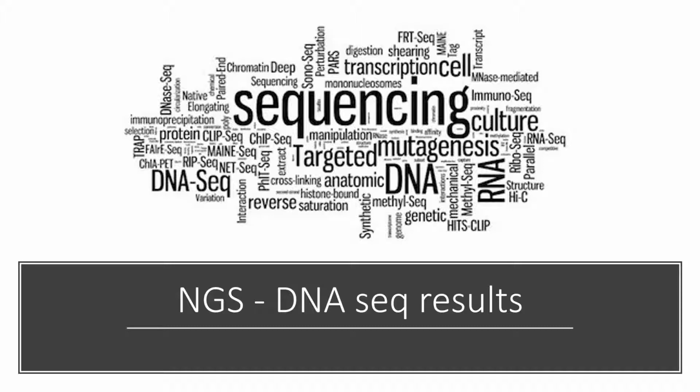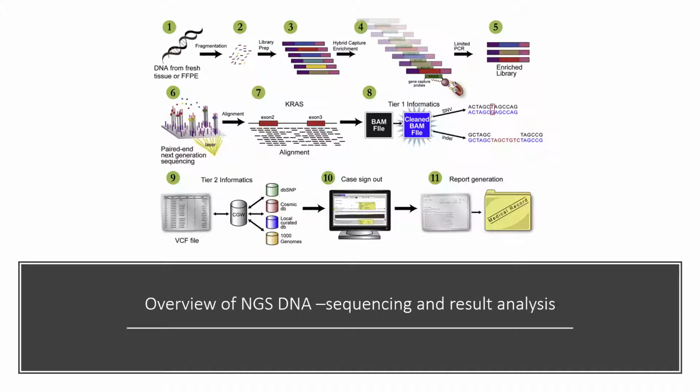So next, we move on to the DNA sequencing results analysis after next generation sequencing. The present slide explains the application of next generation sequencing and how the data is processed. The sequence which is obtained through next generation sequencing is analyzed using various bioinformatics tools.